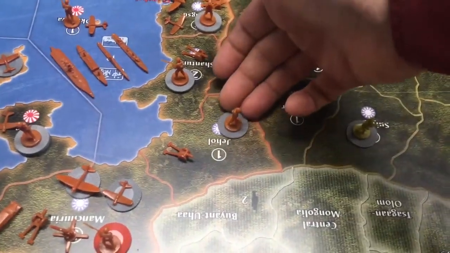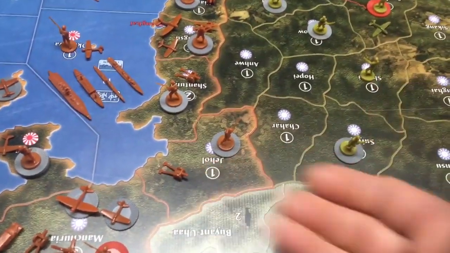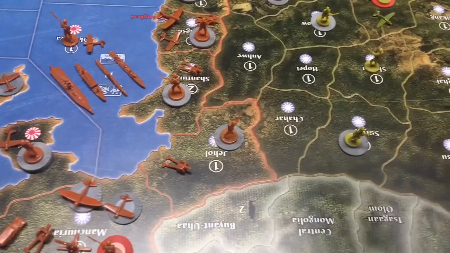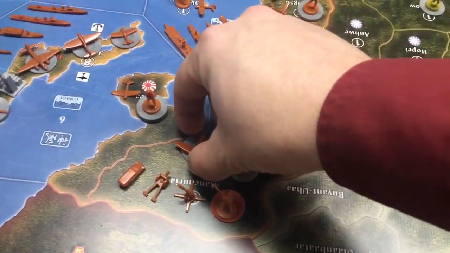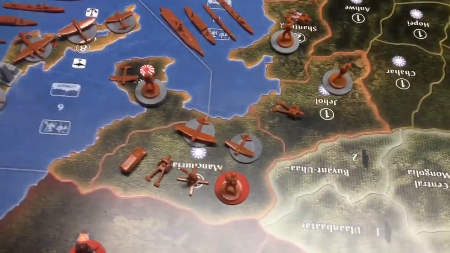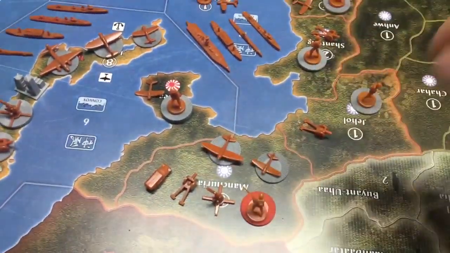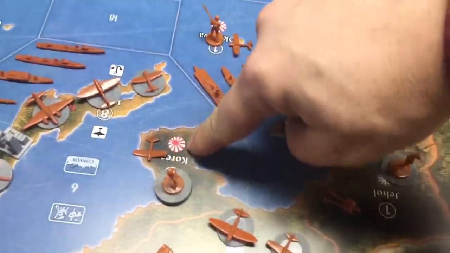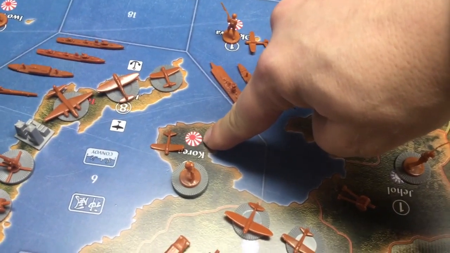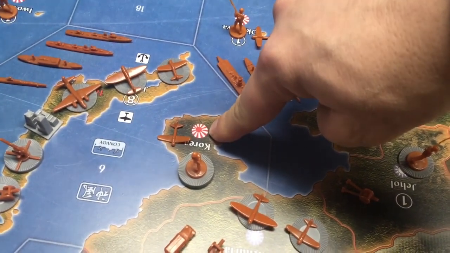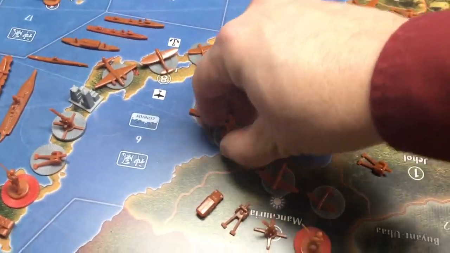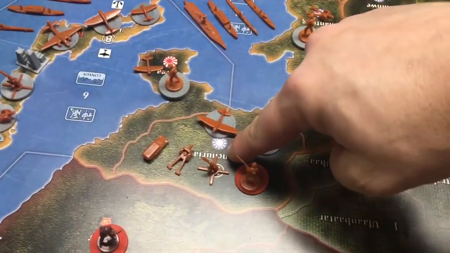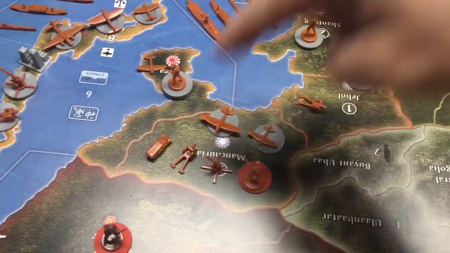A lot of people get confused that just because Japan starts with units there in Jehol or Manchuria, it is a Japan originally controlled territory. That's not correct. The roundel printed on the map will tell us. Look at here, Korea. We know that Korea is an originally controlled territory of Japan, even though the colorization of it is the same as Manchuria, which has a China roundel.